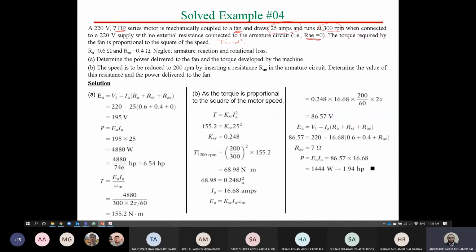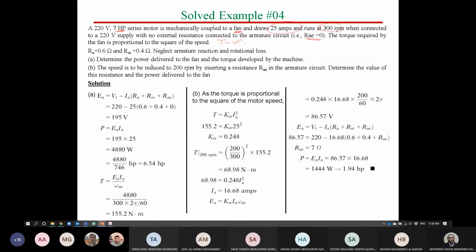Right. Armature resistance is given, series winding resistance is given, neglect armature reaction and rotational loss. So we will assume zero friction torque and neglecting rotational losses.